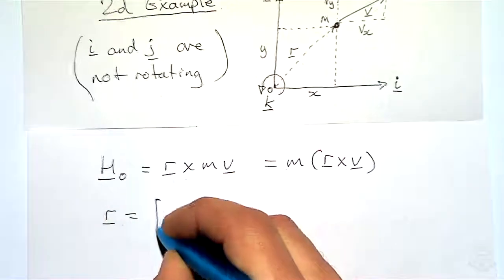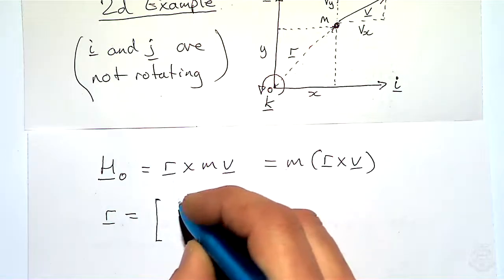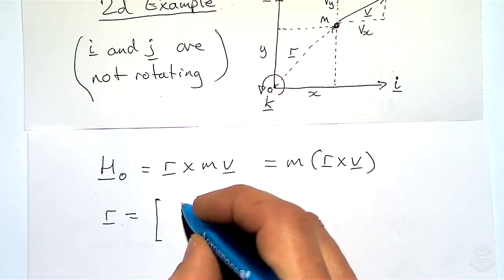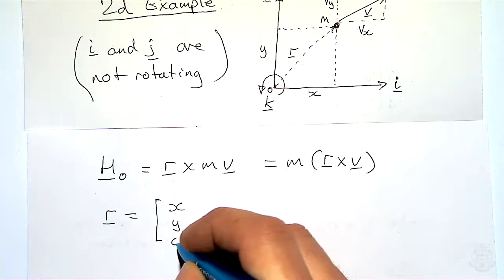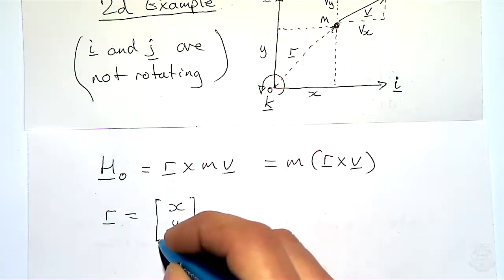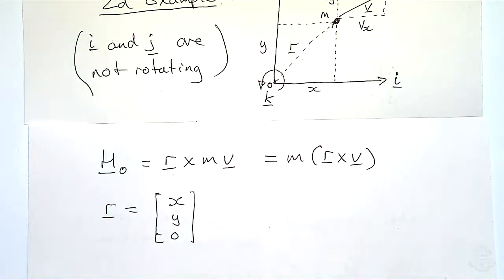So the vector r is x, y, and 0. These are the components in the I, j, and k directions. We've got a value in the x direction, a value in the y direction, and no value in the k direction because it's in the plane.